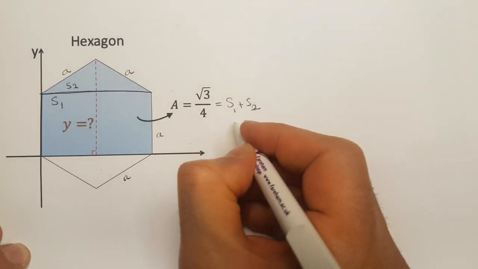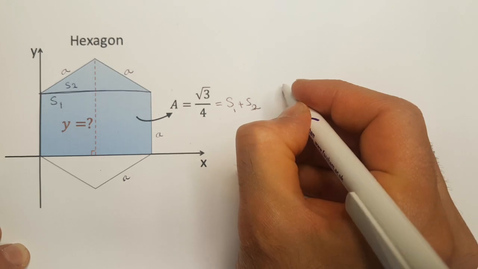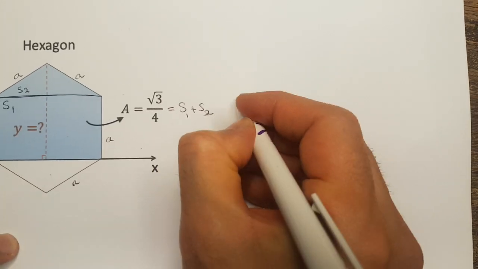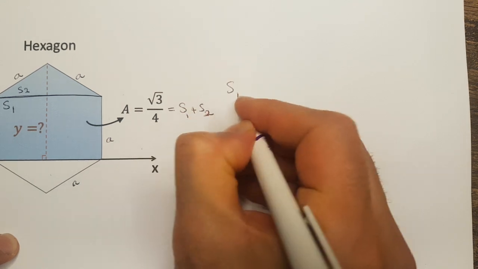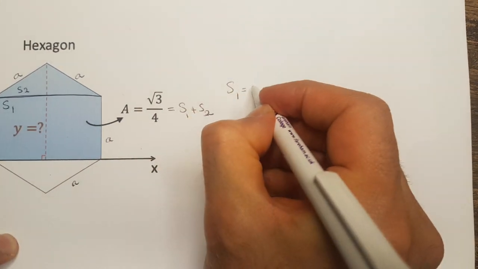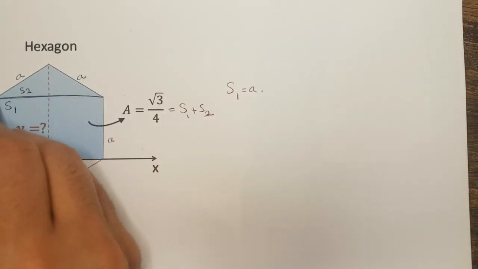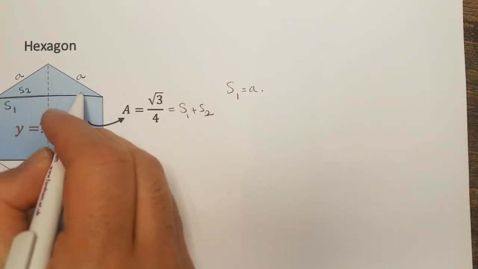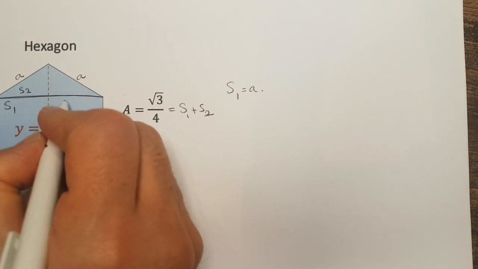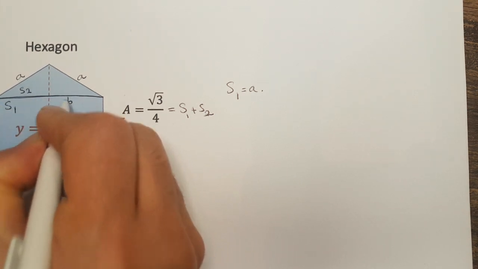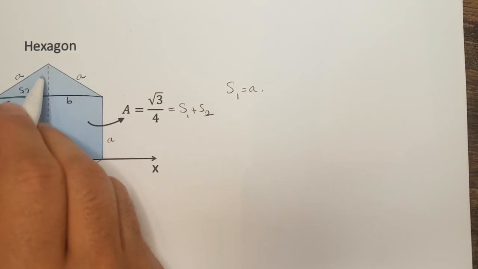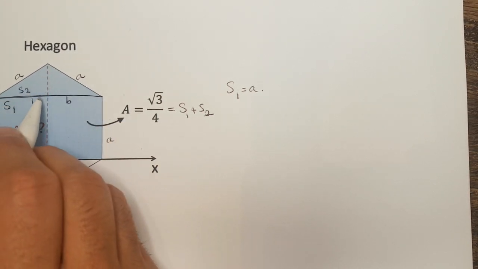So S1 is basically this side times this side, which is the base of this triangle. Let's call the base of this triangle 2b, because this is an isosceles triangle.